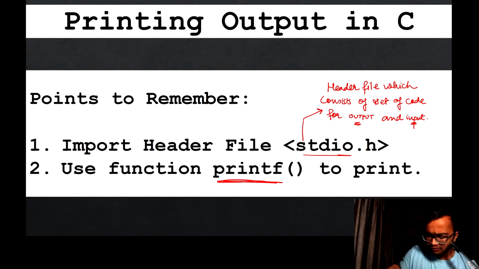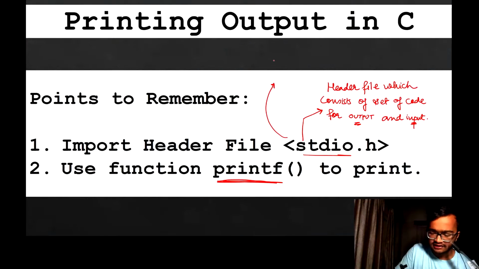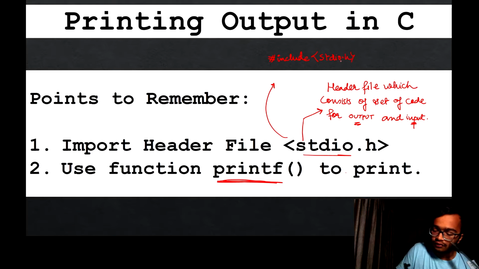So how do you include this stdio.h header file? To include it, we write hash include stdio.h. So what is this hash? I told you in the last class, this is the preprocessor directive.